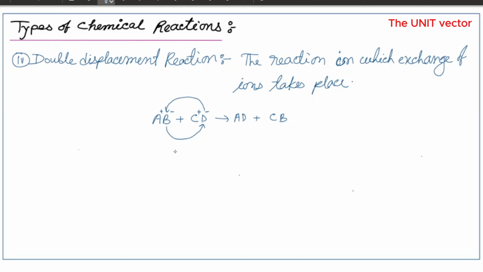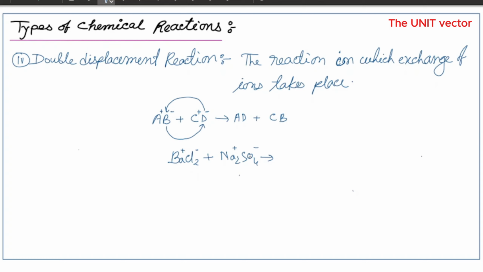For example, when barium chloride BaCl2 reacts with sodium sulfate Na2SO4. See, in this reaction, barium has the positive ion and chlorine has the negative ion. And sodium has the positive ion and sulfate has the negative ion. So basically they will exchange their ions.